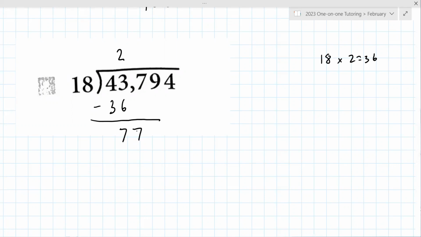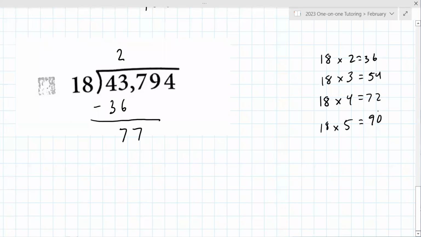Oh, no, it's not 2 times. If you're not sure, just go up. It's going to be 4 times. 4 times 18 is 72. It's always good to go one past it, just in case, because that's 90. You might need that later on. So it is 4.